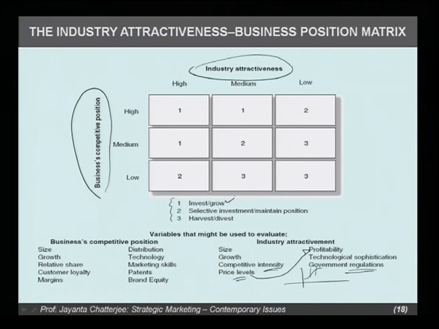Then the second, which falls in between, is where you either hold your position or you try to selectively invest in further subsections of that market. So, at this stage, for example, for Nokia, high level feature phone, but not as attractive a smartphone as their competitor Apple or Samsung has.